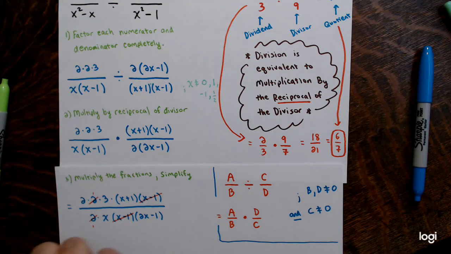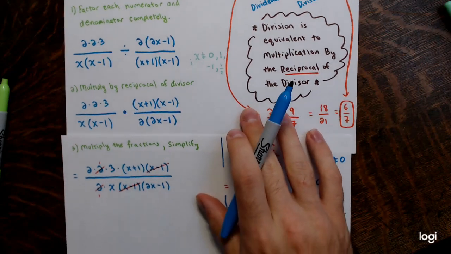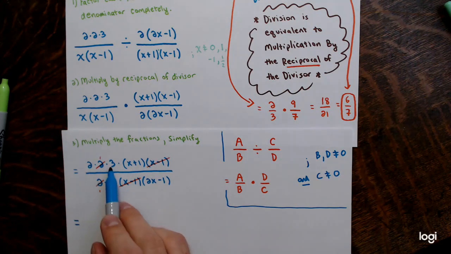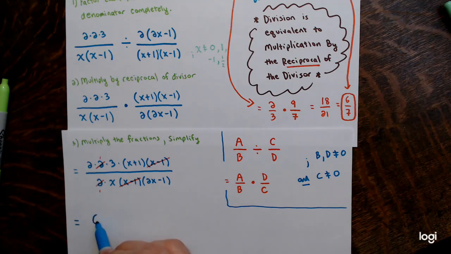So now we simplify and write down what factors are remaining. So that's equal to, 2 times 3 is 6 now. I'm going to actually multiply that out, 6. And then we have the other factor of x plus 1 still, so 6 times the quantity x plus 1 in the numerator. And then in the denominator, that's 1, that's 1.